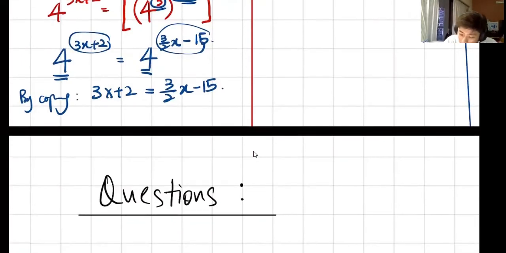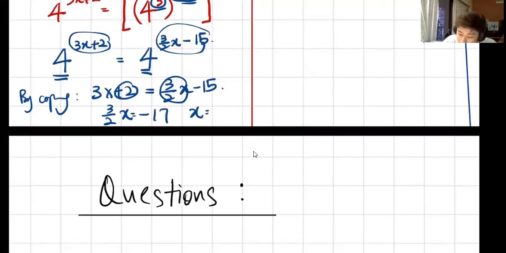So you just solve your normal maths. You want to bring this one over. I will just use bring over because it's easier to use. 3 over 2x bring over to the left hand side gives you 3 minus 1.5, which is 3 over 2x. And then I bring the number to the right hand side. 2 I bring to the right hand side gives you minus 17, equals to negative 17.